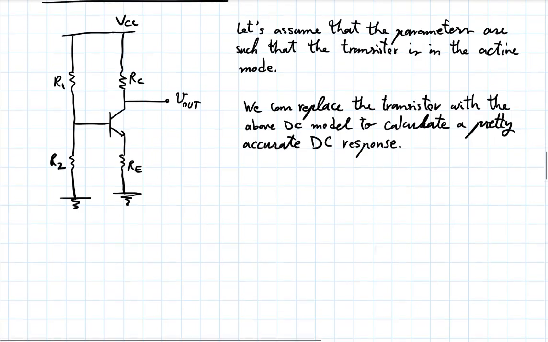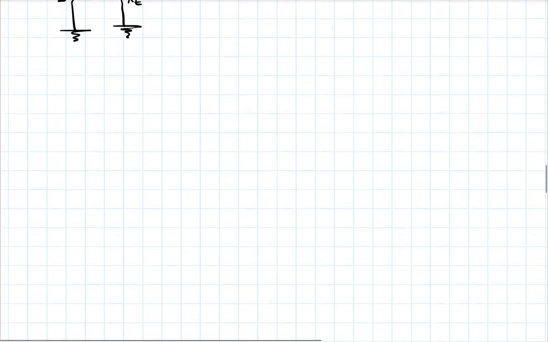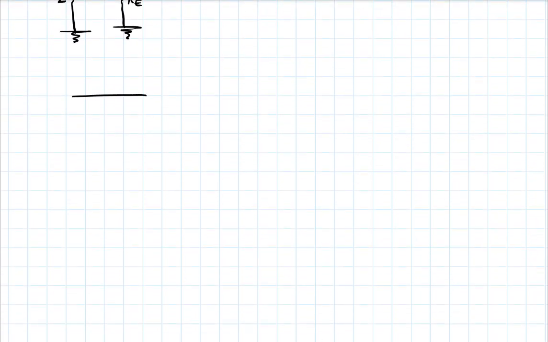Here's what I'd like to do next. What if I now add a small signal on top of this? And I'll do so by doing this. I have this circuit that biased the transistor.